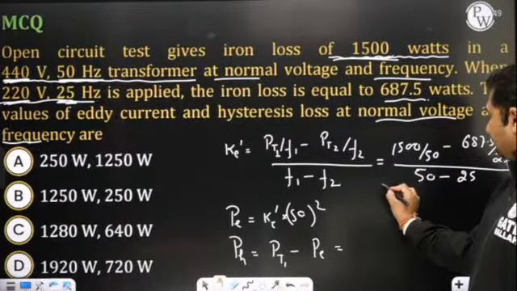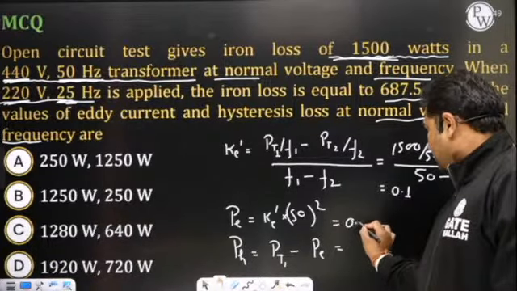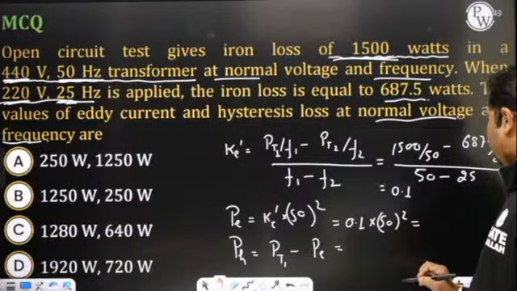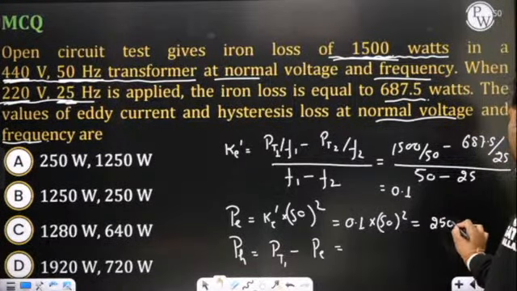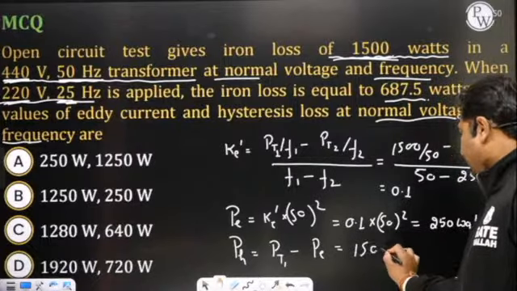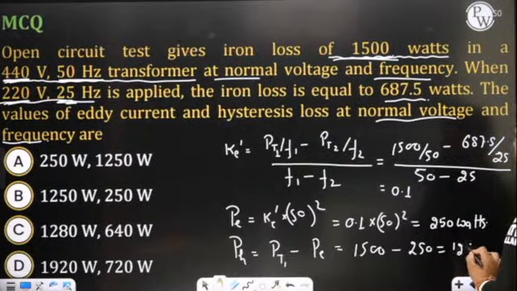If you solve, this will be equal to 0.1. So Pe is 0.1 into 50 square, which is 250 watts, and the entire loss is 1500 at 50 hertz. So minus 250, that gives 1250 watts.